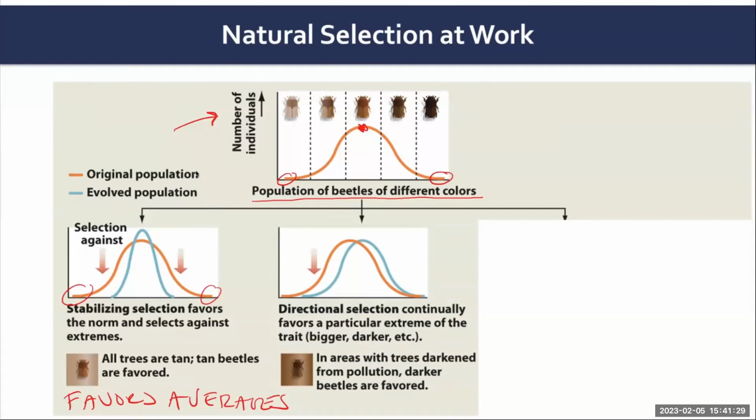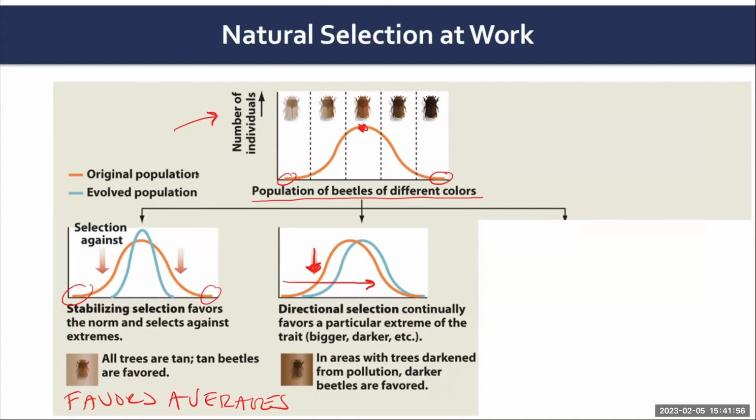Under different environmental conditions, we can see what's referred to as directional selection, where natural selection is favoring a particular extreme of a trait. So in this case, natural selection selected against the lighter morphs and selected for the darker morphs. So it pushes the average value of the trait in one direction.